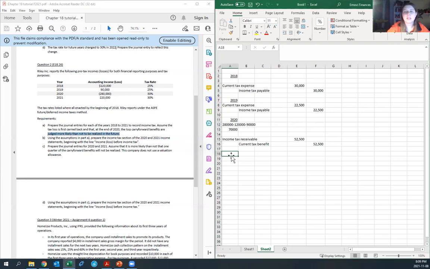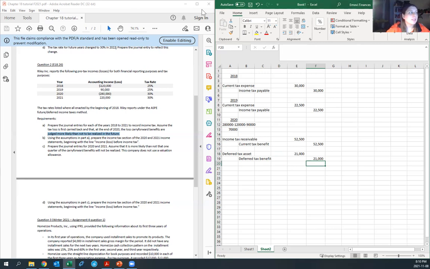So that means yeah, I'm going to set up a deferred tax asset and a deferred tax benefit. It's going to be your balance of your loss of 70,000 times your current tax rate, so times 30%. So that gives us a deferred tax asset of $21,000.